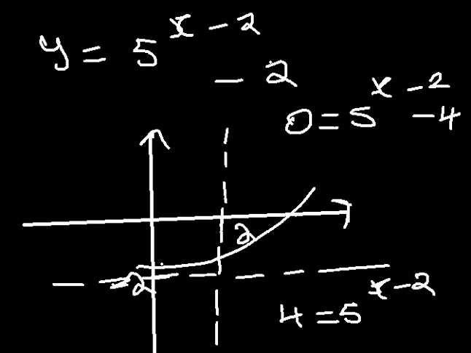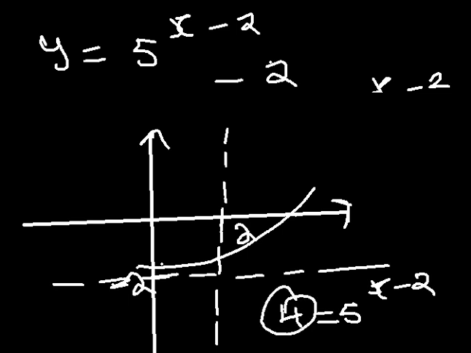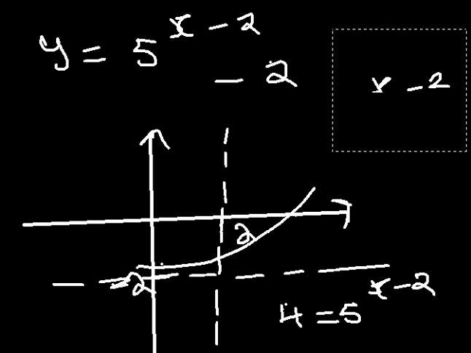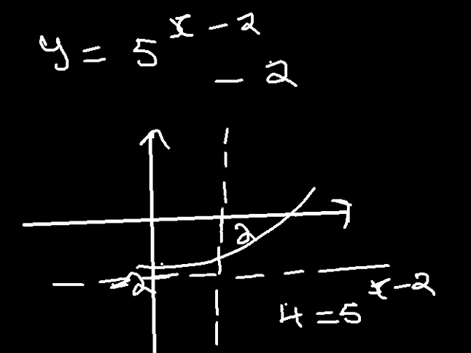Then in this case we're going to introduce ln to both sides because we're not able to express 4 to have the same base as 5, and also 5 cannot be expressed to have the same base as 4. So we'll have to solve the way we solve exponential equations. So we have to introduce ln to both sides.